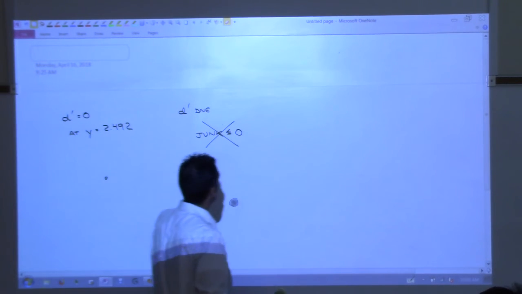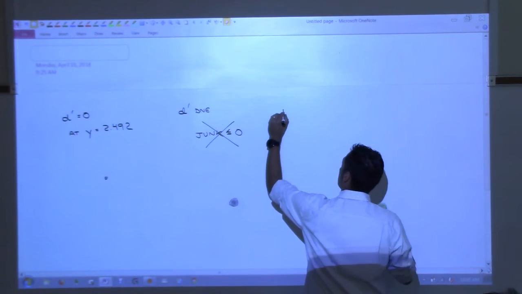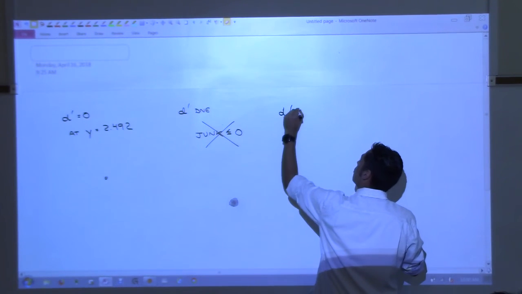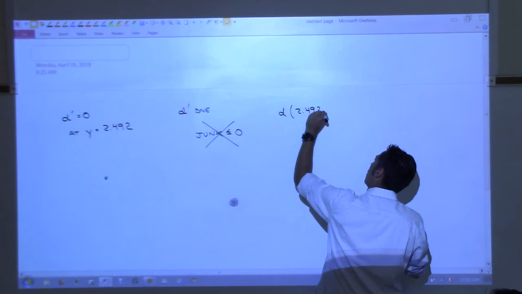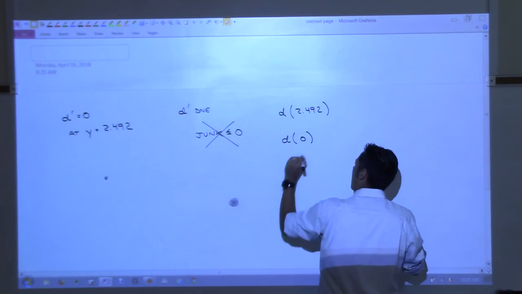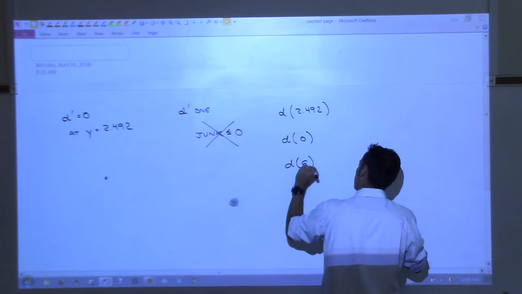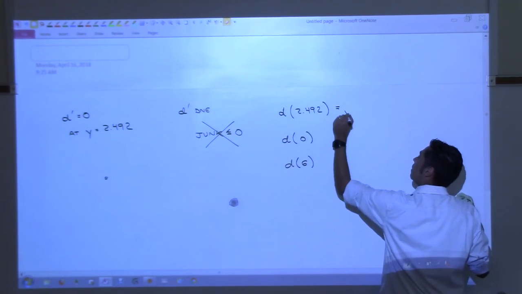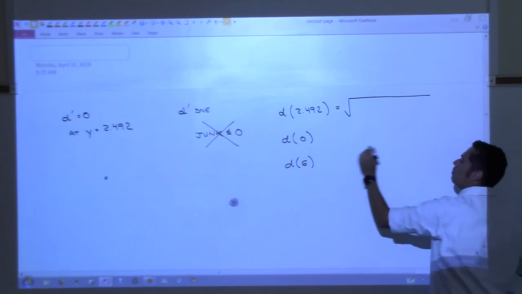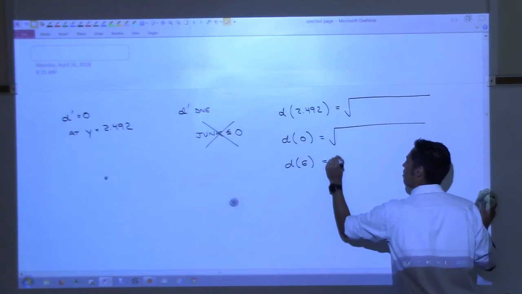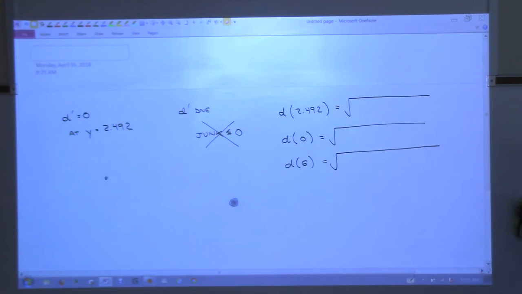So what we're going to do is calculate d at 2.492, d at 0, and d at 6. And remember, d is the y; we're plugging it in for y into the distance function. And the distance function, they all had that root.